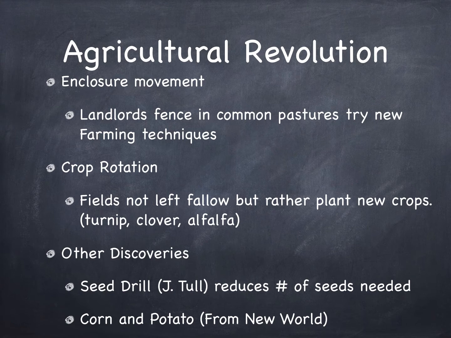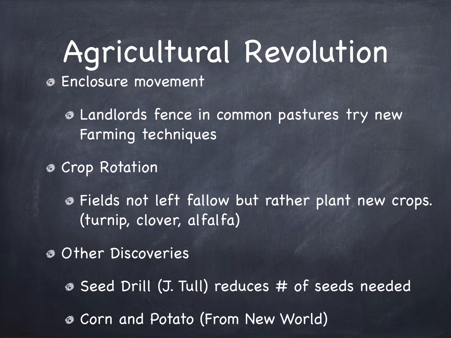Fields were not left fallow, but rather they planted new crops that could be effective for feeding livestock in the winter. Okay, so turnips, clovers, alfalfa, you could store that in your barn and feed your livestock. So you wouldn't have to slaughter most of your cattle before the winter, and you could keep them and feed them through the winter.